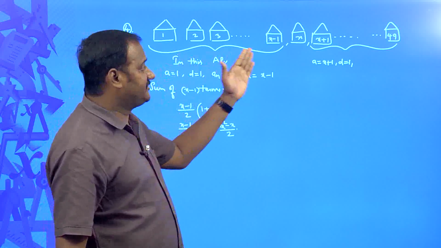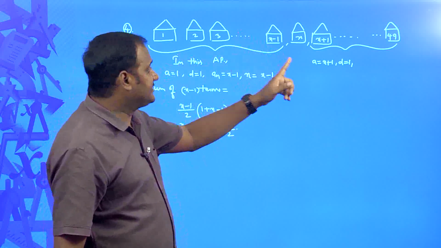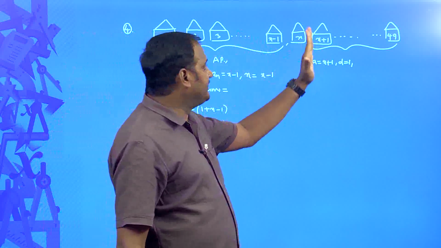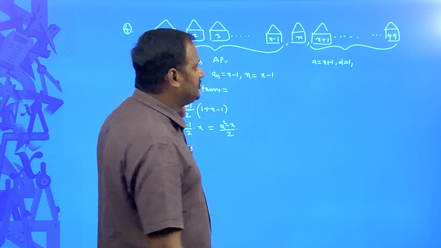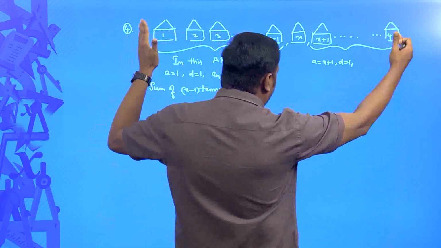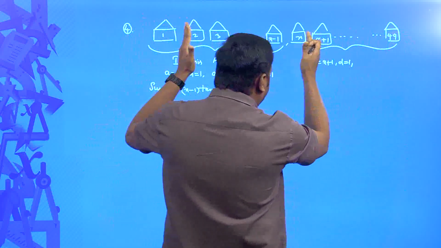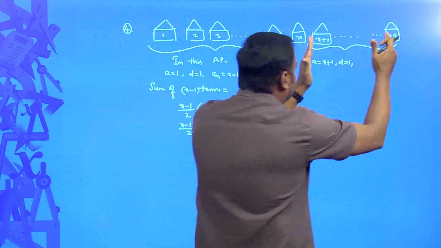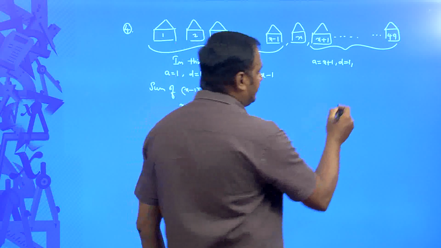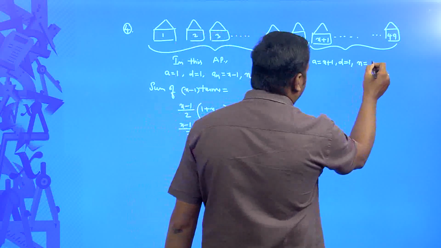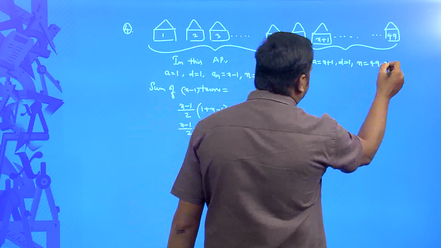So, we are starting from x plus 1, means how many terms left over here? x terms left over. Suppose you have 49 terms, out of 49 terms you are removing x terms. So, how many terms are these? These are 49 minus x terms. So, here n is going to be 49 minus x.